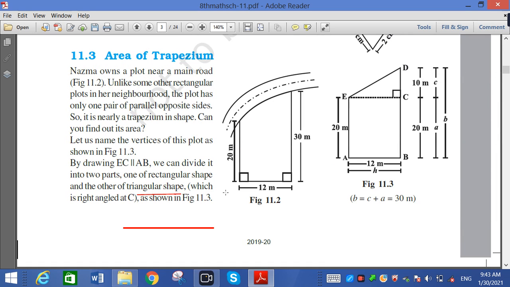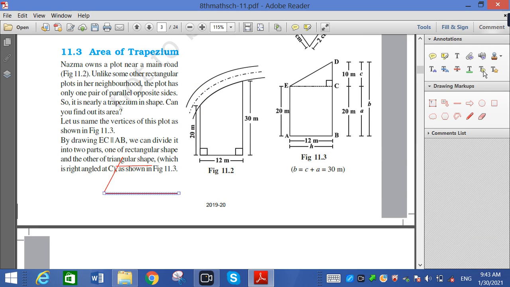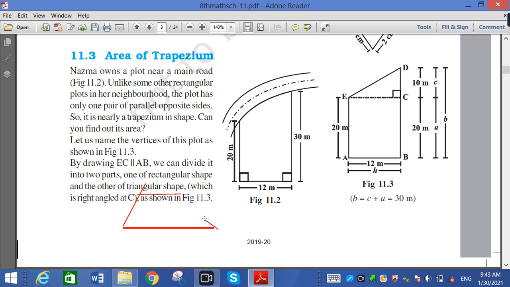Now if I join these, and again one line, that type of figure is called a trapezium.